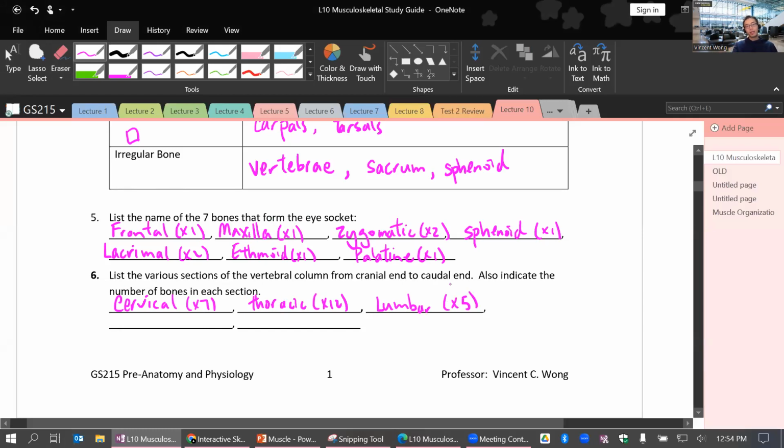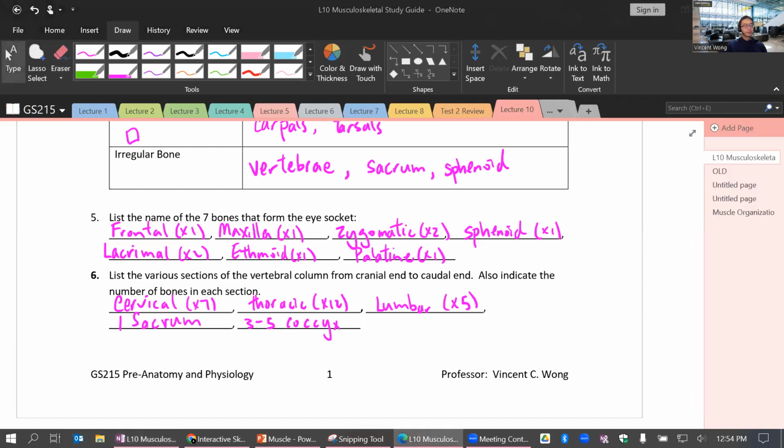Between L4 and L5, that's where you do the spinal tap, right? We talked about that before. And then we have the sacrum, and 3 to 5 coccyx bones. That's that.